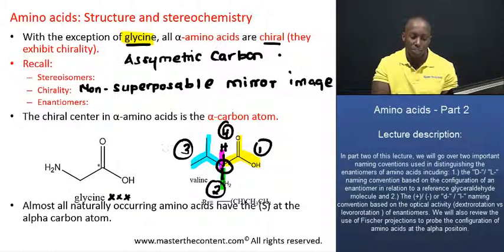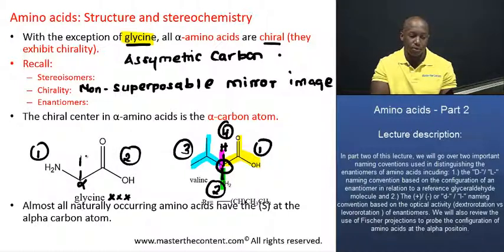Look at the alpha carbon. It's bonded to one group right there, another group right there, and also to two hydrogens that are not included in this representation but are there nonetheless. Because it has two identical groups, glycine is not a chiral molecule. And that's pretty much it.